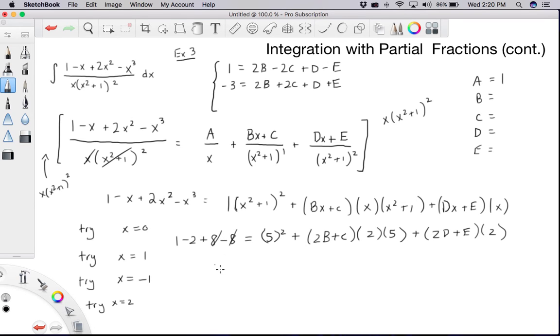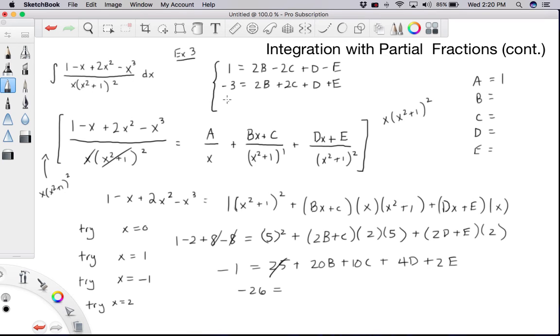Okay, these go away. 1 minus 2 is negative 1 equals 25 plus 20b plus 10c plus 4d plus 2e. Subtract 25 and you get negative 26 equals all of that.